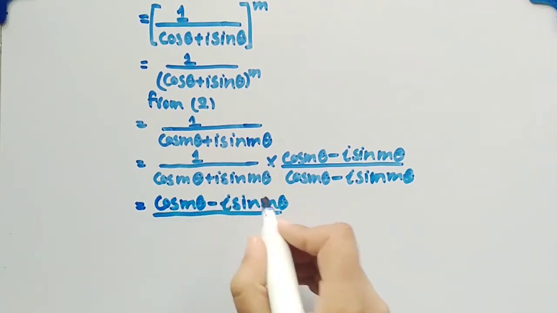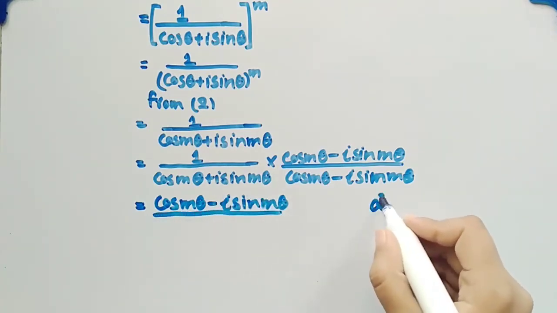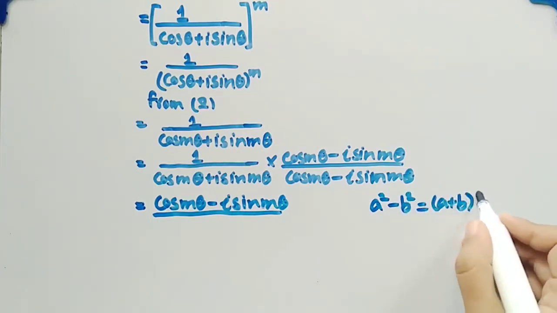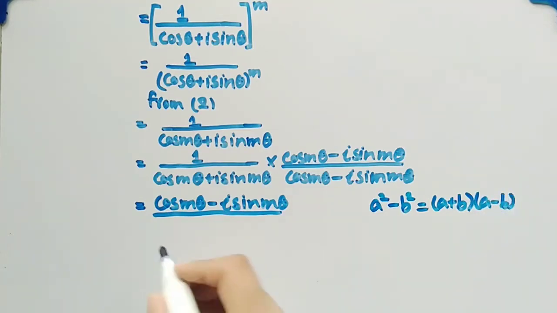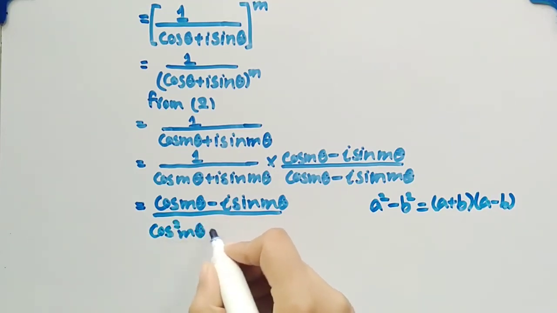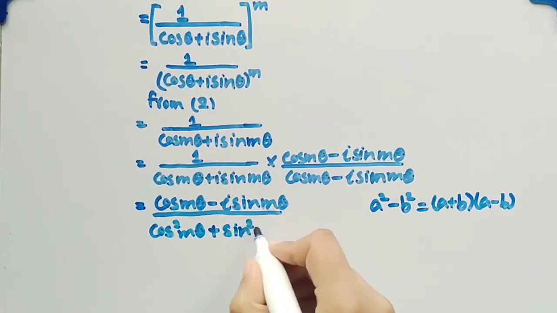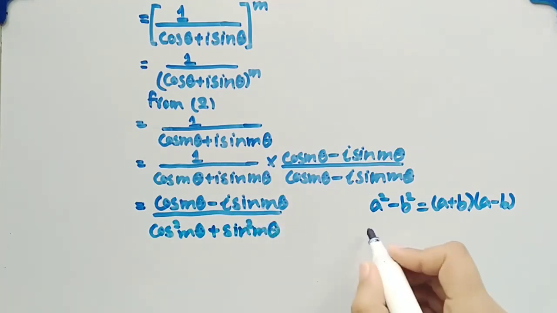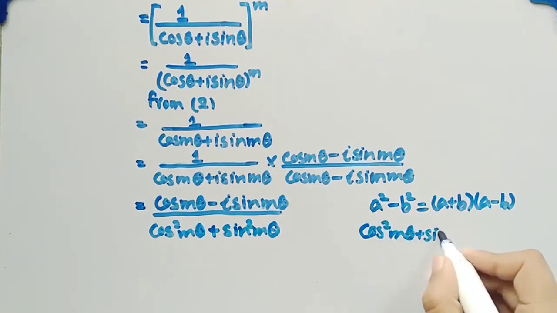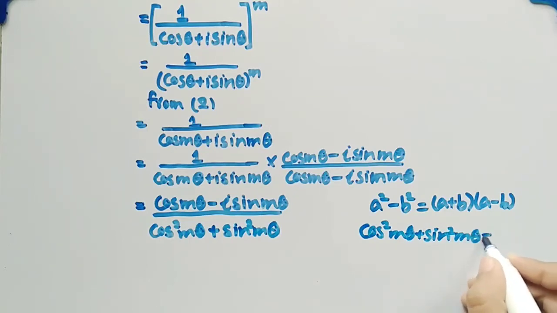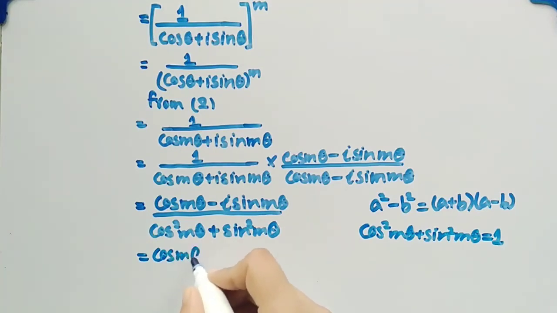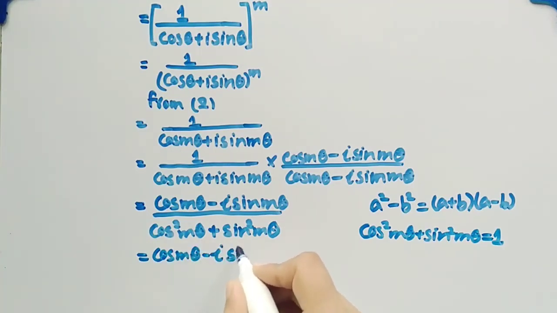And in the denominator, by using the property that a square minus b square is equal to (a plus b) into (a minus b), we can write it as cos square m theta plus sin square m theta. From trigonometry, we know that cos square m theta plus sin square m theta is equal to 1. So we are left with cos m theta minus iota sin m theta.